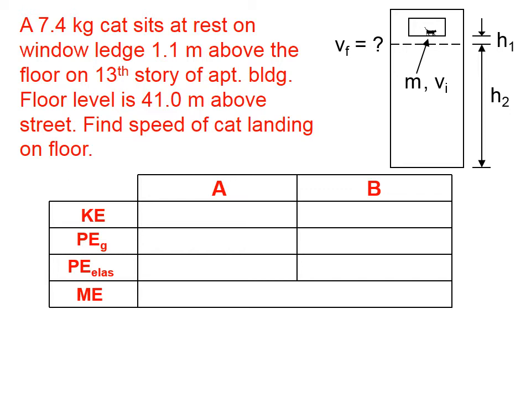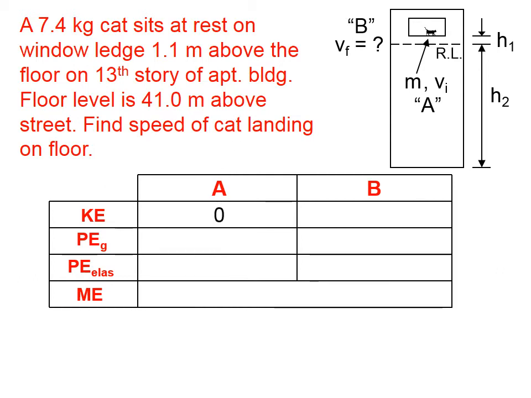So we need 2 snapshots of the cat. One when the cat is on the windowsill, and one right before it hits the 13th floor. Let's define that floor level as being the reference line. Snapshot A will be when the cat is in the window, and snapshot B right before he hits the floor.